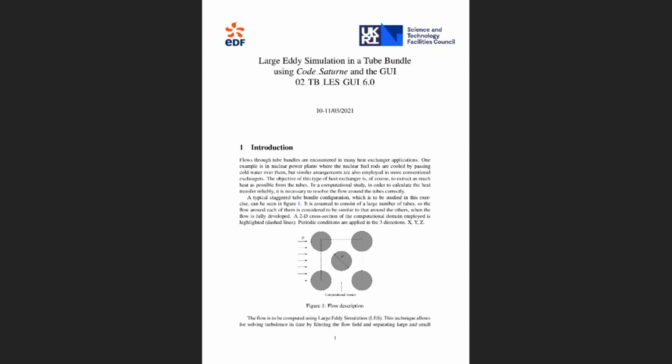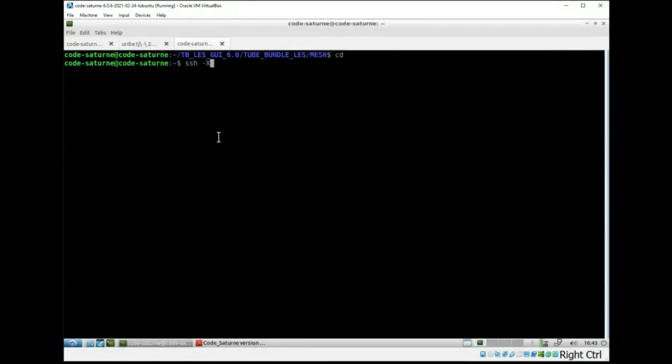When you're in a terminal, whether it's the virtual machine or your own local machine, once you have uploaded the SSH key, you need to log in with your username, the one that you set up when you created the SAFE account, and the name of the machine, which is ARCHER2.